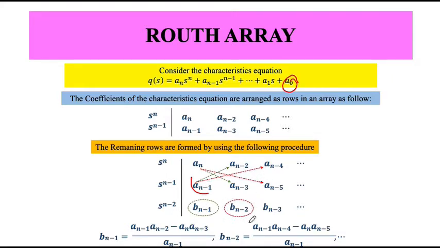Similarly I can compute b n minus 2: I multiply a n with a n minus 5, and first compute a n minus 1 into a n minus 4 minus a n into a n minus 5, divided by a n minus 1.